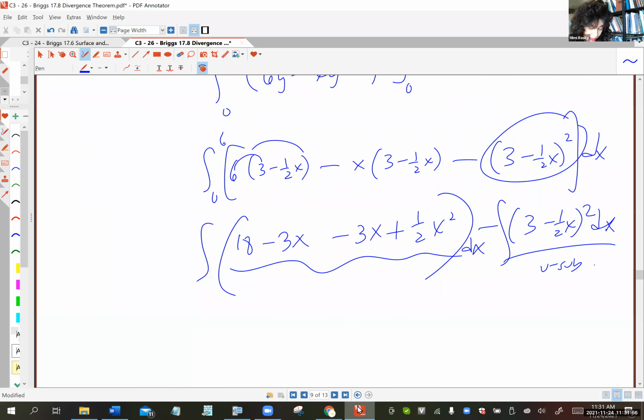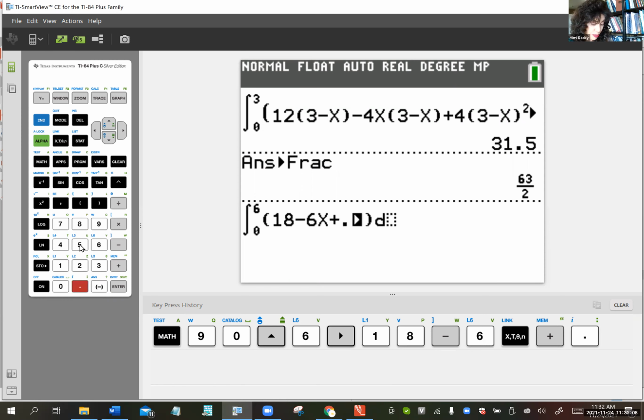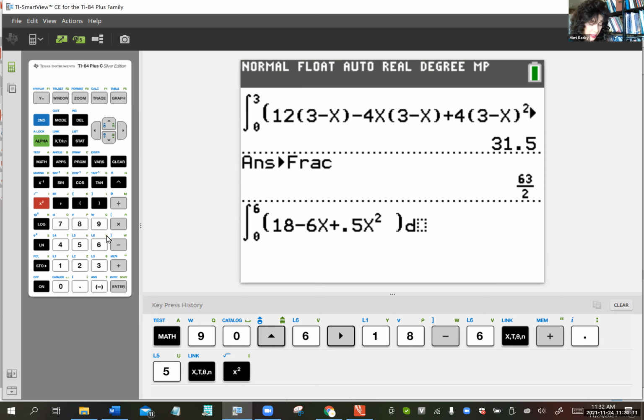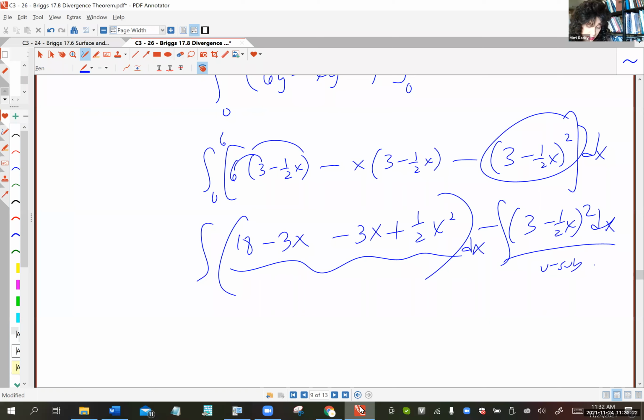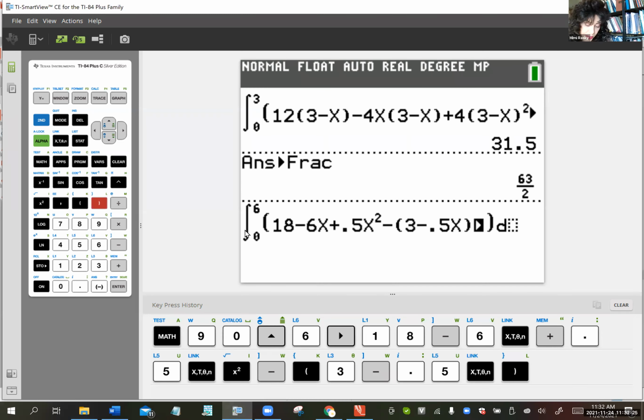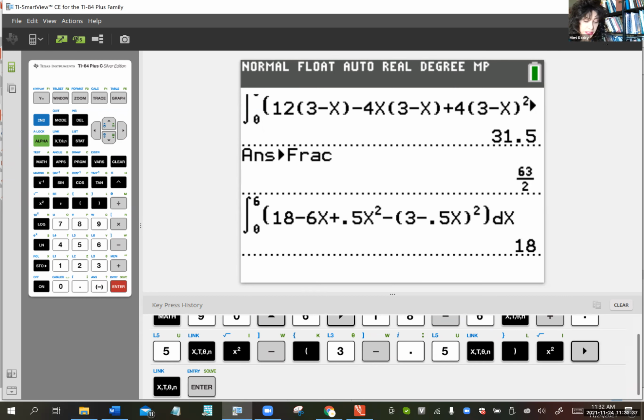Somebody help me out. 18 minus 6x plus a half x squared, minus 3 minus a half x, squared. And then we have to tell the calculator we want to integrate with respect to x. Okay, let's hit it. 18, woohoo! And I believe that is the right answer.